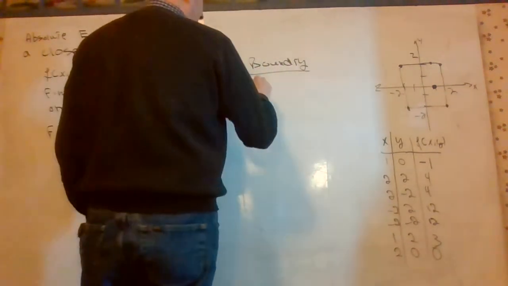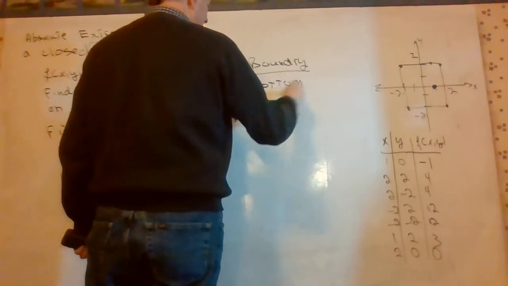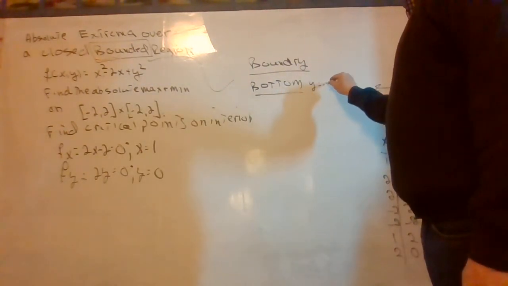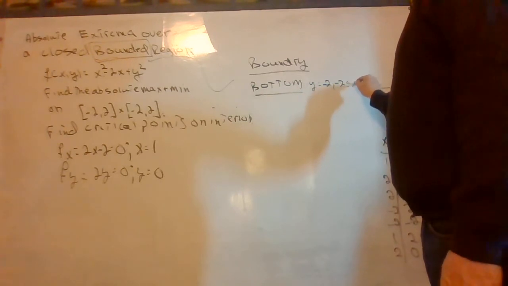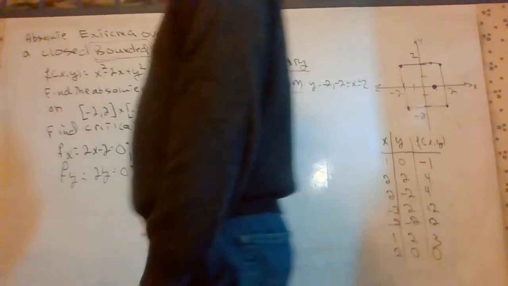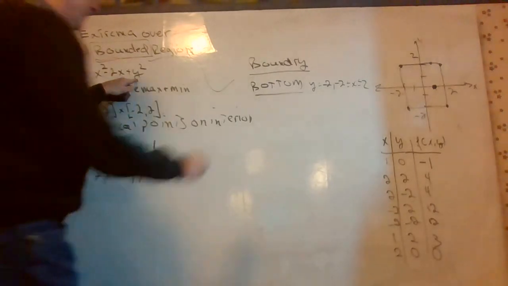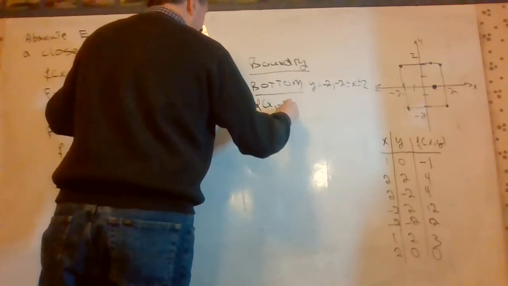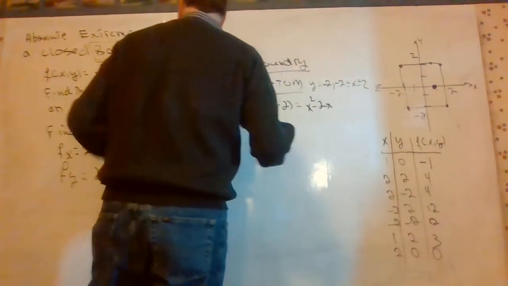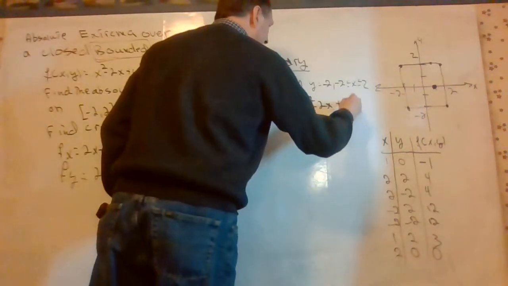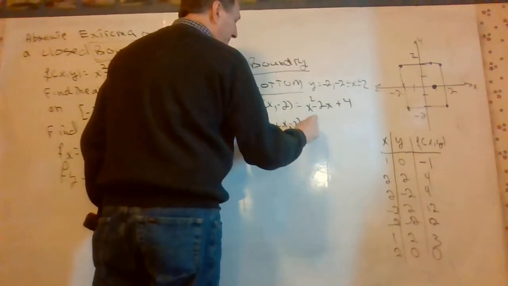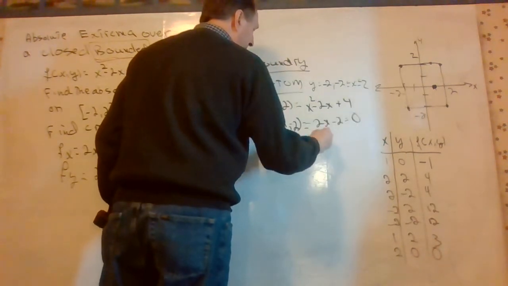And then we could do the bottom. Let's see what's going on at the bottom. y equals -2. x goes from -2 to 2, and since y is -2, you can plug that in here. f(x, -2) is equal to x squared minus 2x plus -2 squared is 4. f_x(x, -2) is equal to 2x minus 2 equals 0, x equals 1.